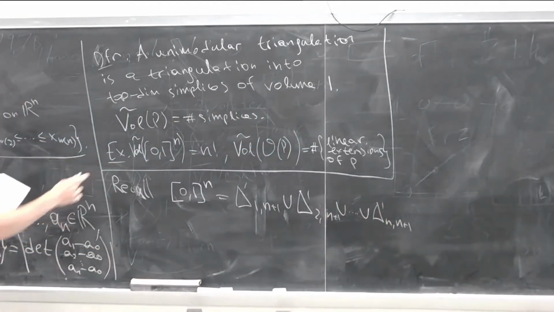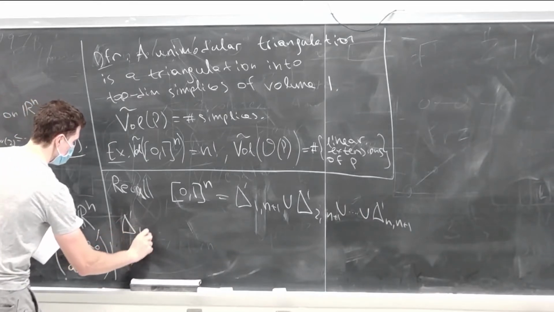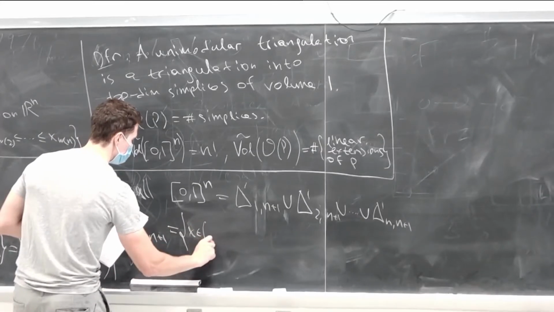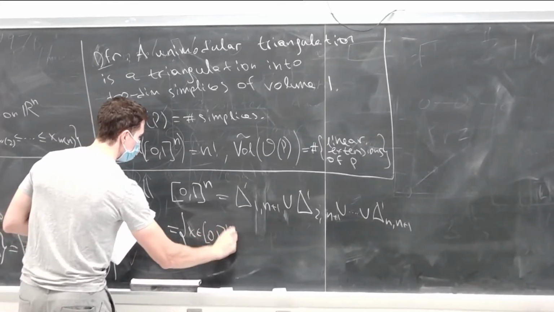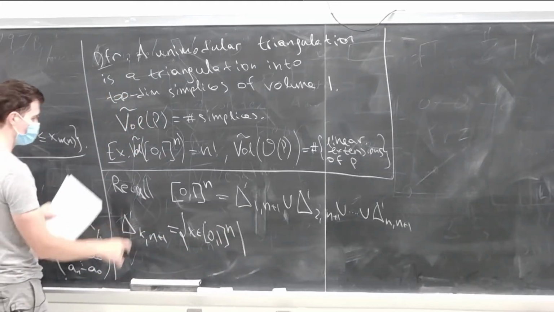And the definition of each of them, delta prime k comma n plus 1, is the set of points in the hypercube, the slice where the sum of coordinates is between k minus 1 and k.